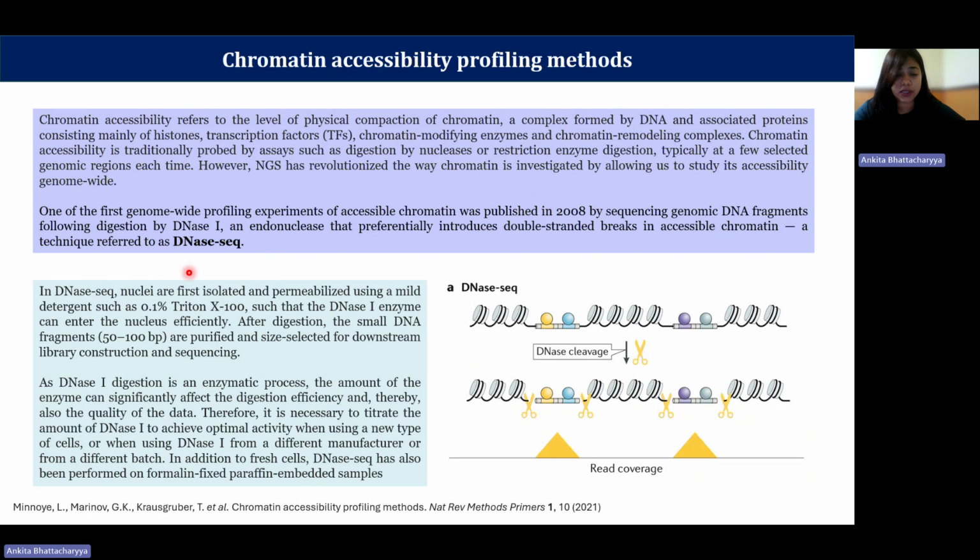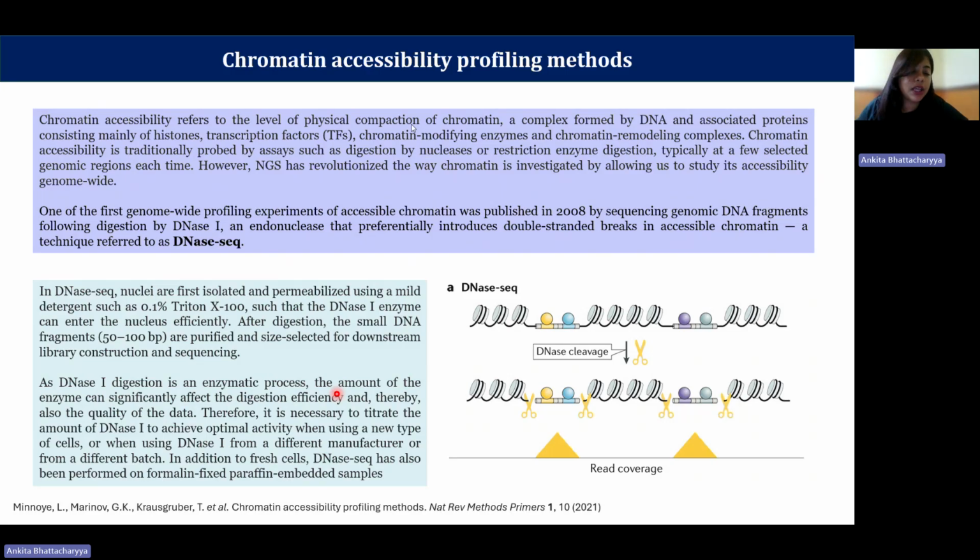Because this process is enzyme dependent, how much of the enzyme is available can make a lot of difference, and therefore the data quality can also get affected accordingly. Therefore, the amount of DNase 1 sometimes needs to be titrated to achieve optimal activity when using a new type of cells, or when DNase 1 is used from different manufacturers or different companies.